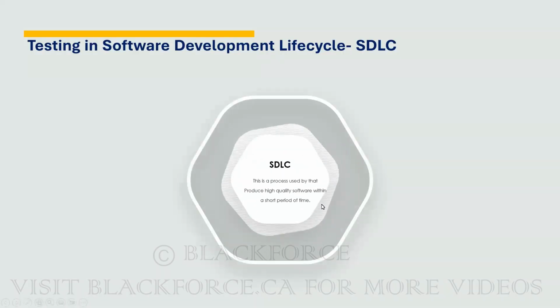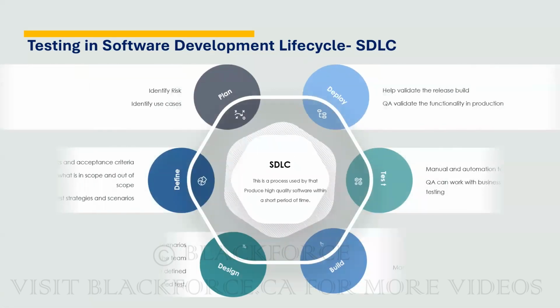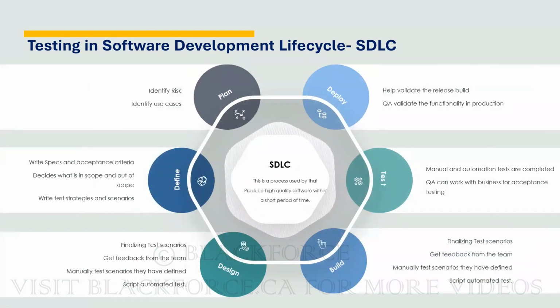So in a software development life cycle, this is what it looks like, right? We have the planning phase. A typical software development life cycle, even if you are doing agile or traditional waterfall, this is what it looks like. So you have a planning phase.